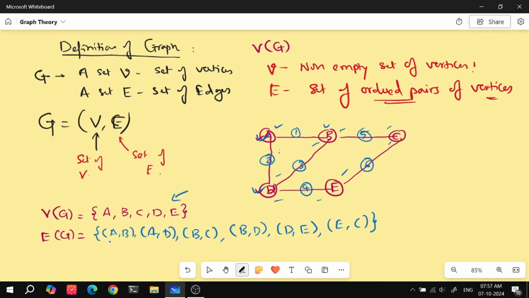So if you start counting, there are 6 edges and 5 vertices.